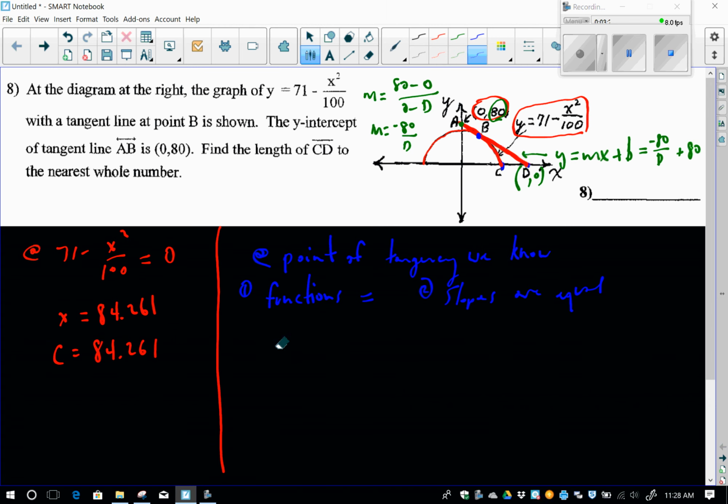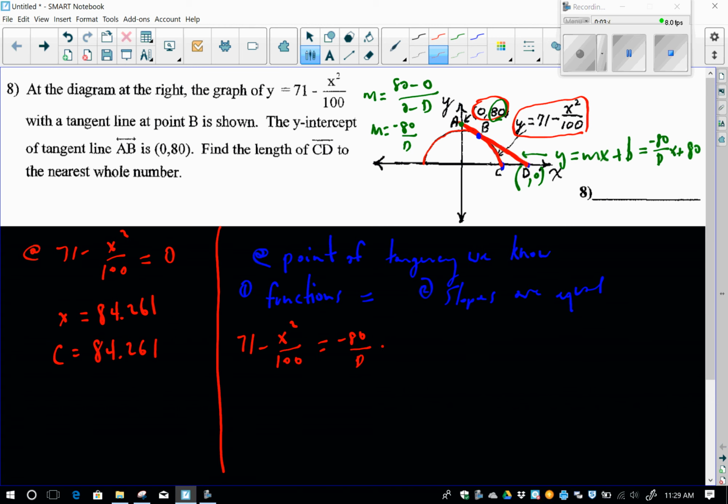So our two functions, 71 minus x squared over 100 must equal negative 80 over d times x plus 80. I left off my x here.